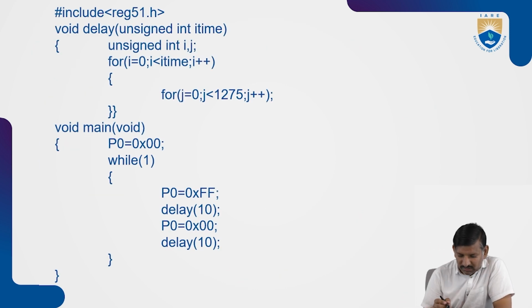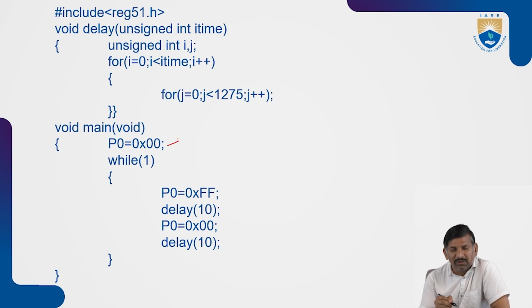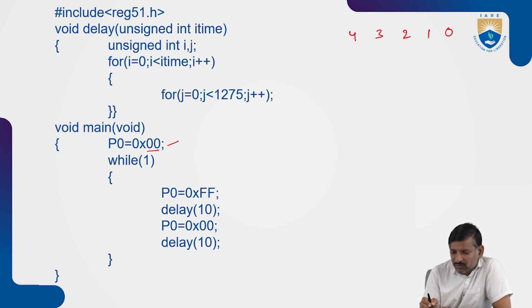So first, initially, the LED will be in off condition. For that, I am giving 0, 0. I already discussed why we are giving 0, 0. Later, I want to switch on all LEDs: 0, 1, 2, 3, 4, 5, 6, 7.